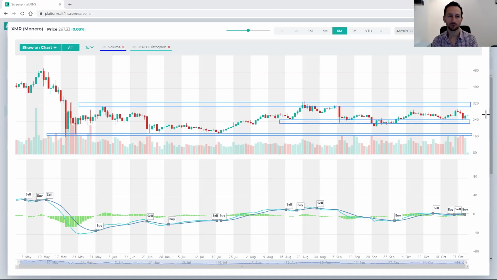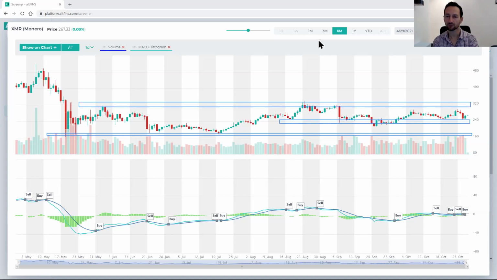So we're kind of at 267. We're close to that support area, and a little ways from the resistance area. The resistance area is probably the 320 or 300. That would make sense, that's a round number. So we have potential sort of 20% upside. It's hard to say. This one is tricky.